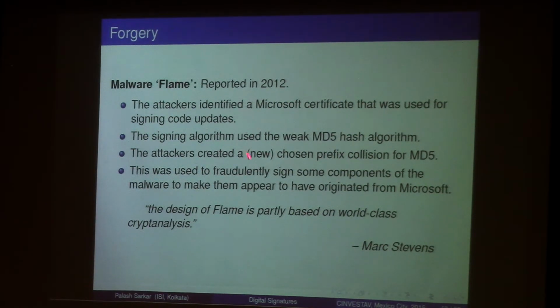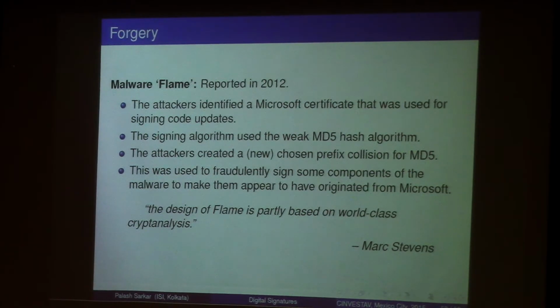About this part, Marc Stevens says that it's based on world-class cryptanalysis. Chosen-prefix collisions for MD5 have been done in the academic world. It has been published, and one of the lead authors of that paper is Marc Stevens.